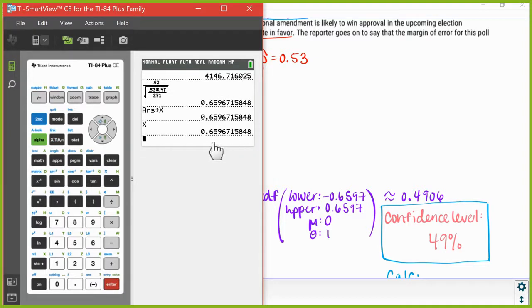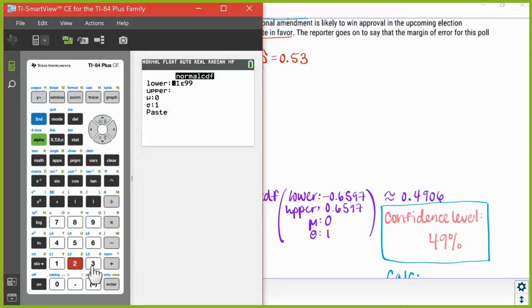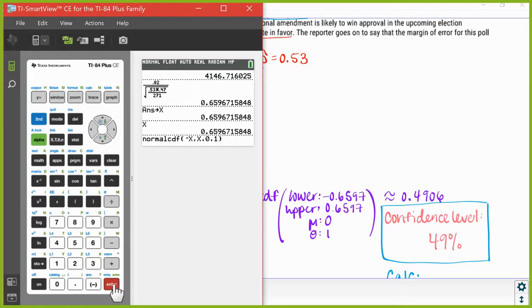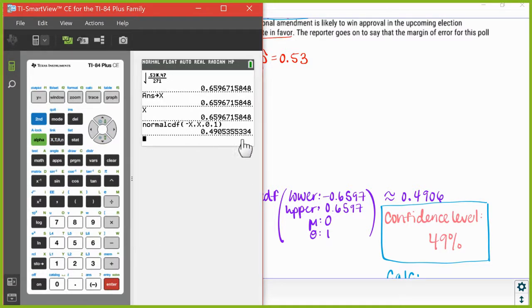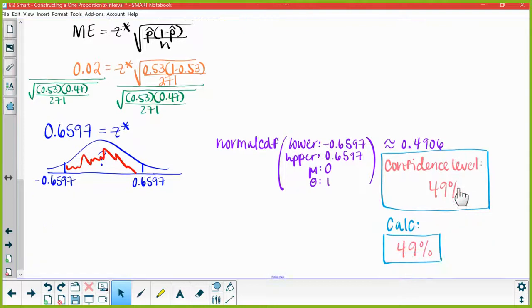That's what I typically do. I'm going to go second vars, normal CDF, negative X to positive X gives me approximately 0.4905. So I'm a little bit off, but not by much. Calculator one still rounds out to be about a confidence level of 49%.